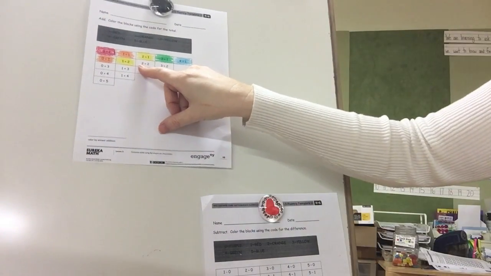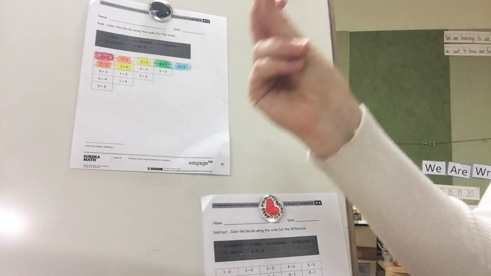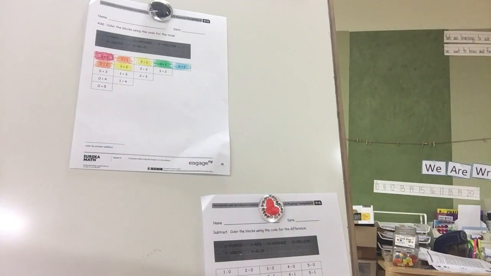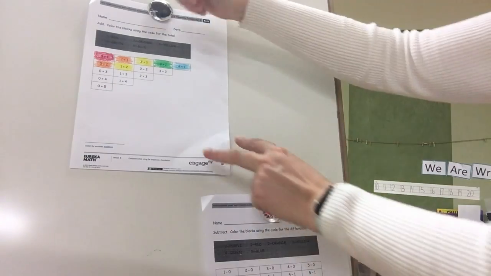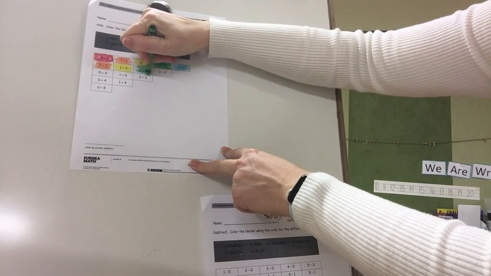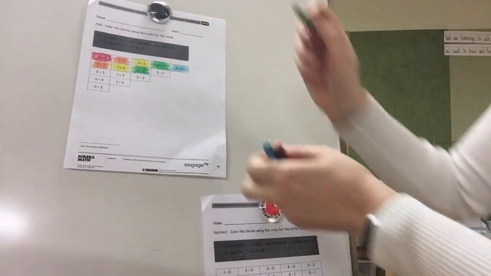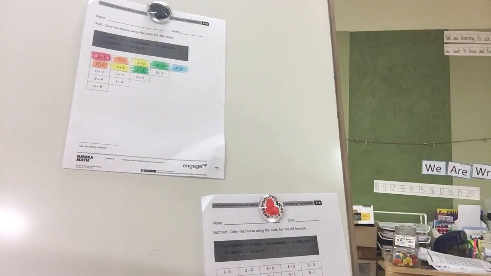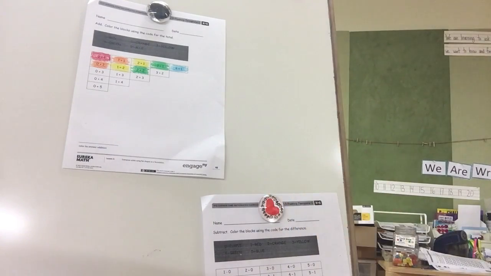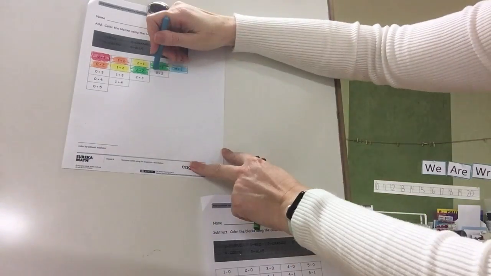Okay? 2 plus 2 equals 4. You color this one green. And the last one in this row, 3 plus 2 equals 5, and you color it blue.